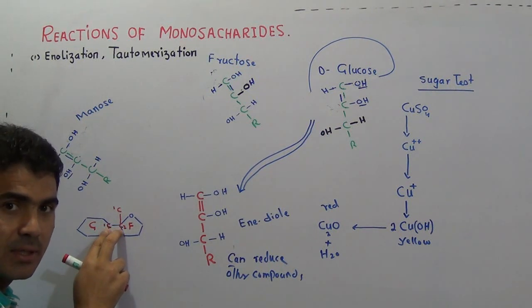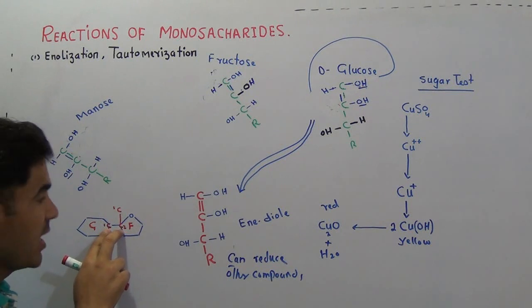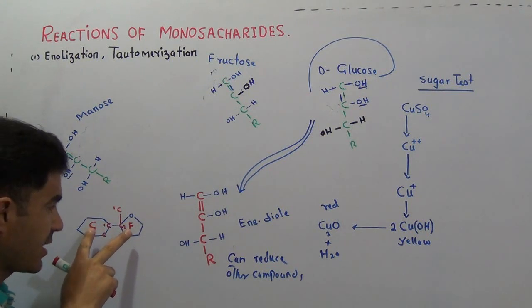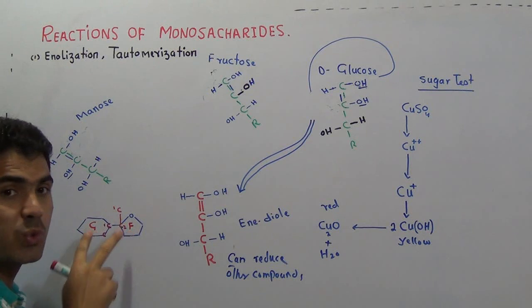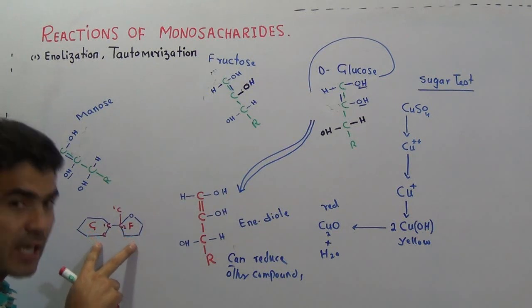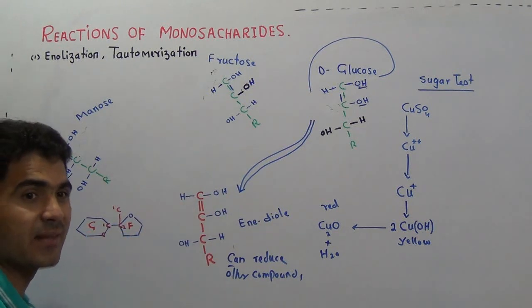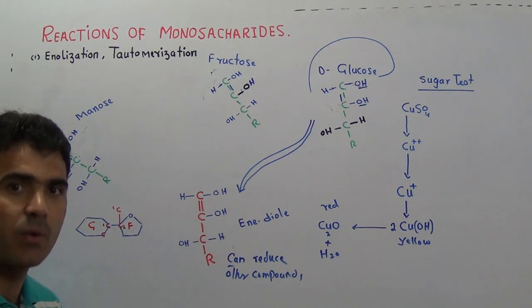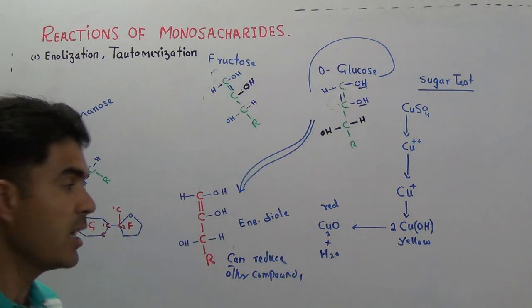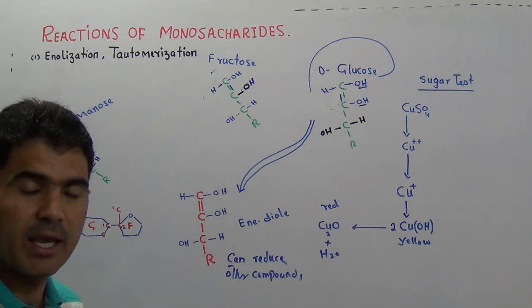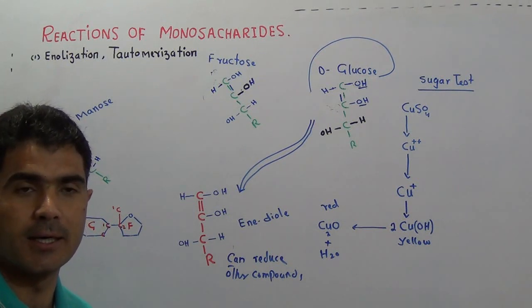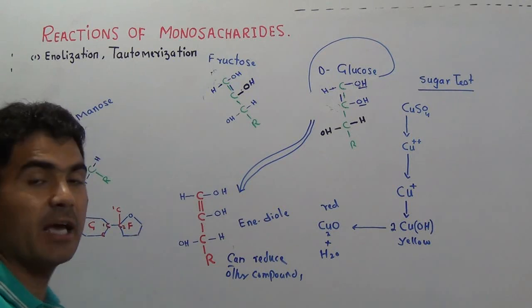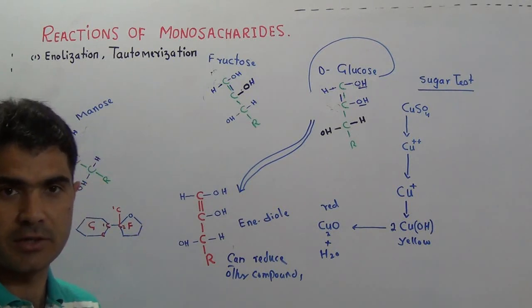The two carbons are both engaged, and hence we cannot expect that sucrose will make an enediol. Sucrose cannot make enediol, so sucrose is not a reducing sugar. That is why we got the very special answer: it does not have any reducing property. It does not have a free aldehyde or free ketone group.